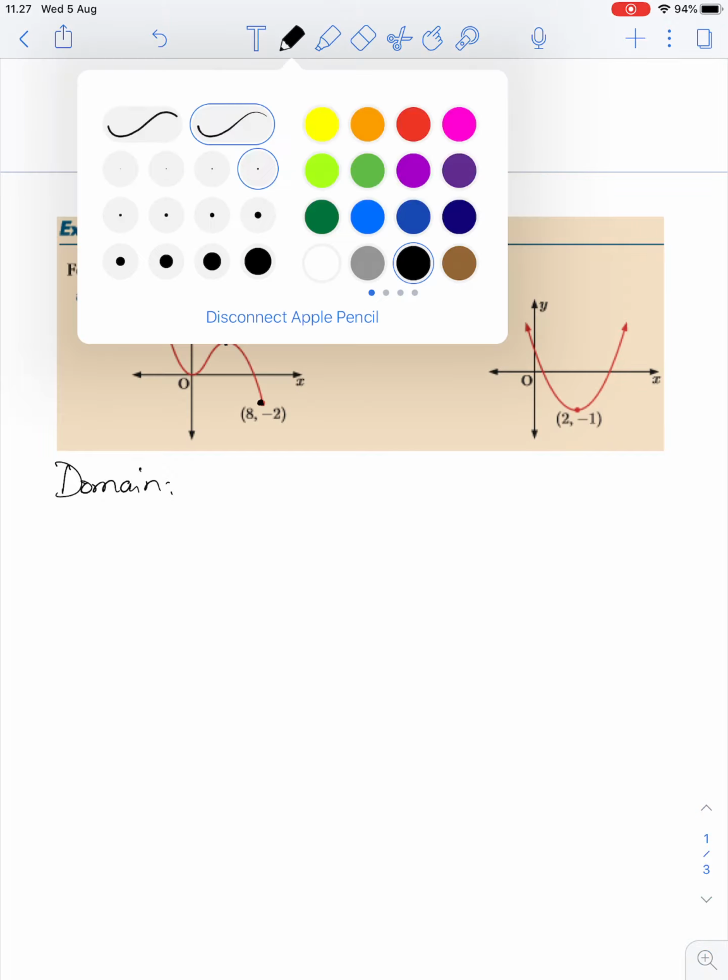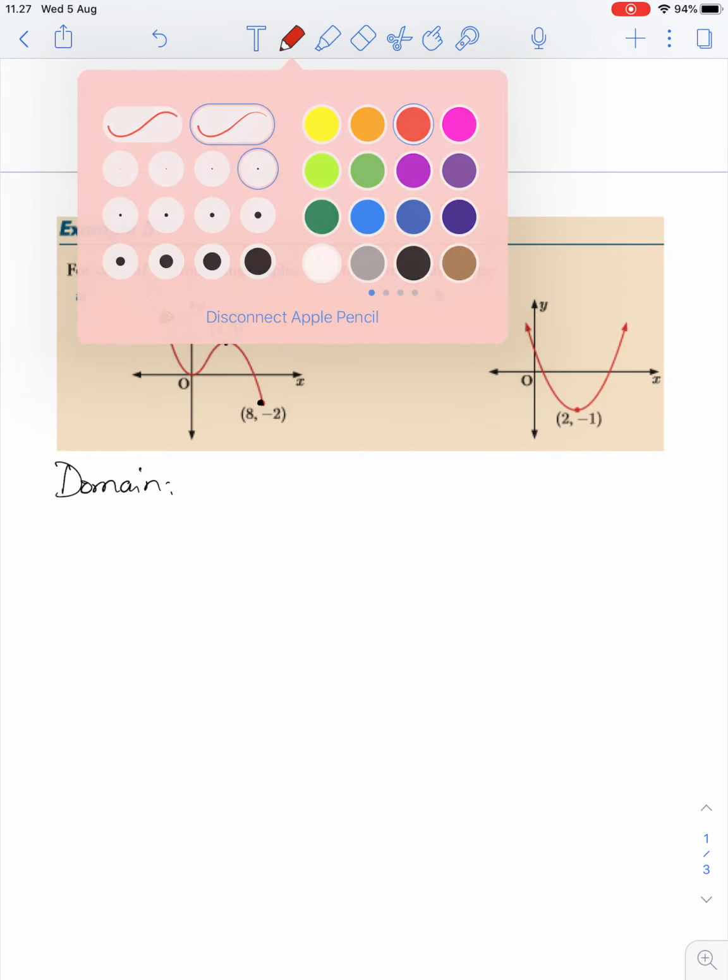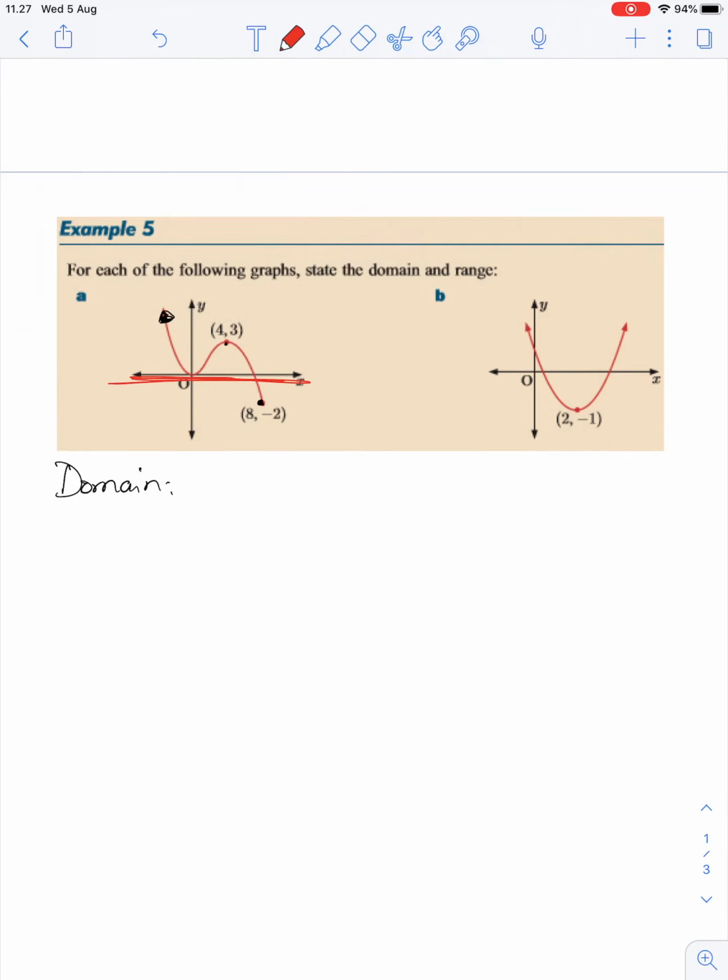So our domain, we'll make this red. Only looking at the x-axis here, okay? So how far to the left and to the right does this graph go? Well, this arrow right here tells me that it keeps going up and up to the left. That means it goes on and on to the left forever and ever. However, this dot right here tells me that it stops at that x value. That x value is 8.